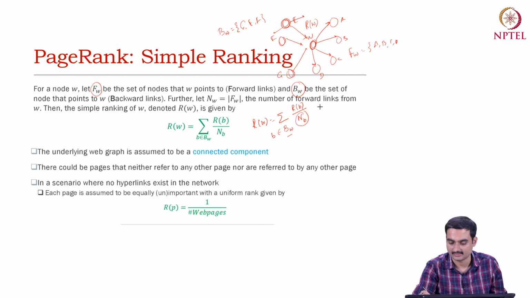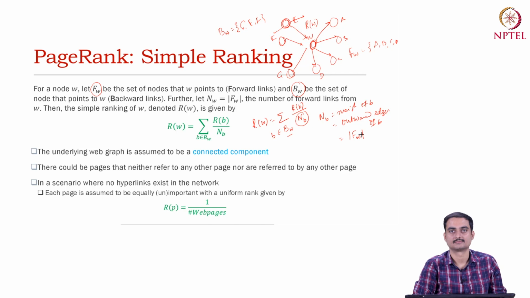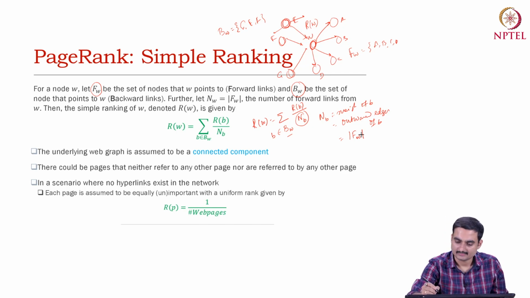Remember this NB is the neighbors, the outward edges of B, so NB is essentially the forward nodes. It means that the importance of node E is equally divided into 3, and one such component moves from E to W, and that component would boost W's importance.